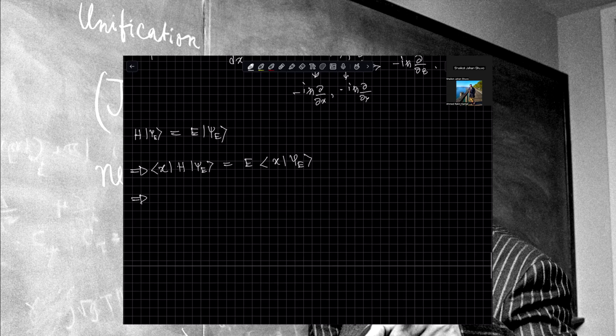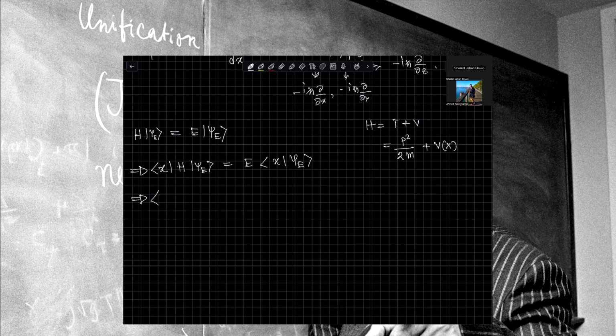Now we have to write something for H, right? We haven't explicitly written anything. So the Hamiltonian is the kinetic energy part and the potential energy part, right? The kinetic energy is written as the momentum squared divided, and assume we're dealing with a massive particle. So this is momentum squared by twice the mass, and V is some V of x, it's just a potential. Again, p squared and V, these are operators, and mass is a scalar.